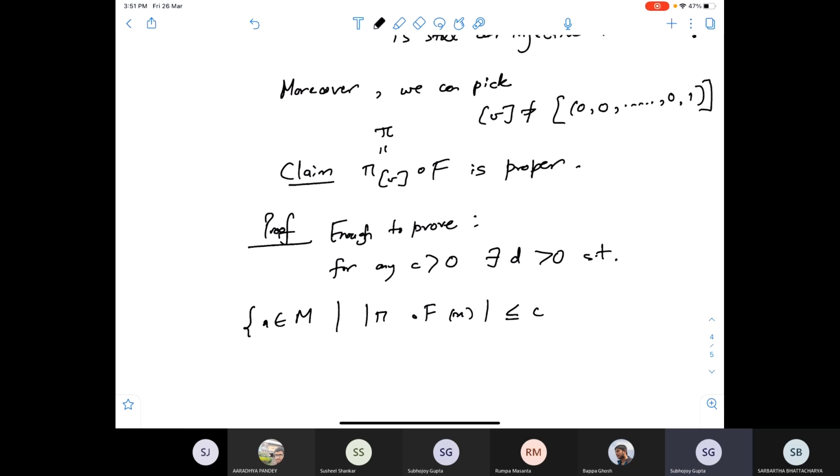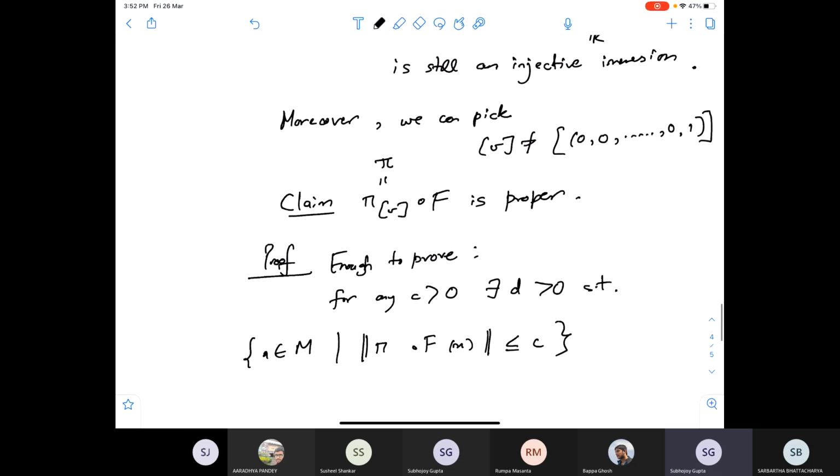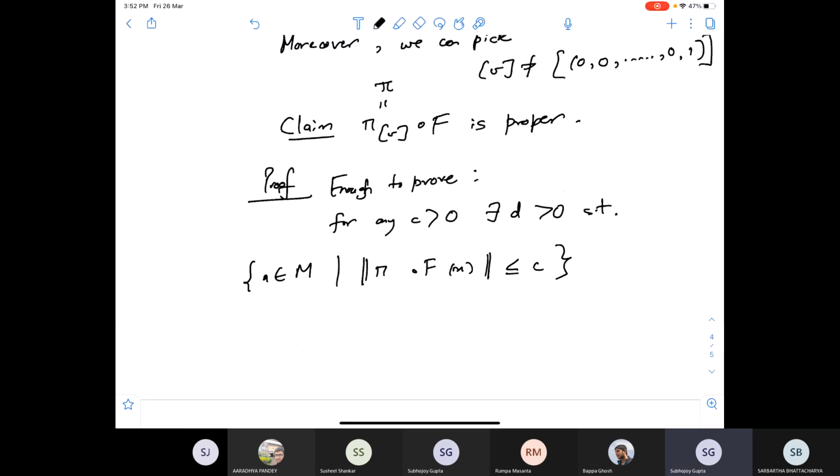This is the norm in Euclidean space, and this Euclidean space is R to the 2k plus 1. So this set is the pre-image of the closed ball of radius c in R to the 2k plus 1.